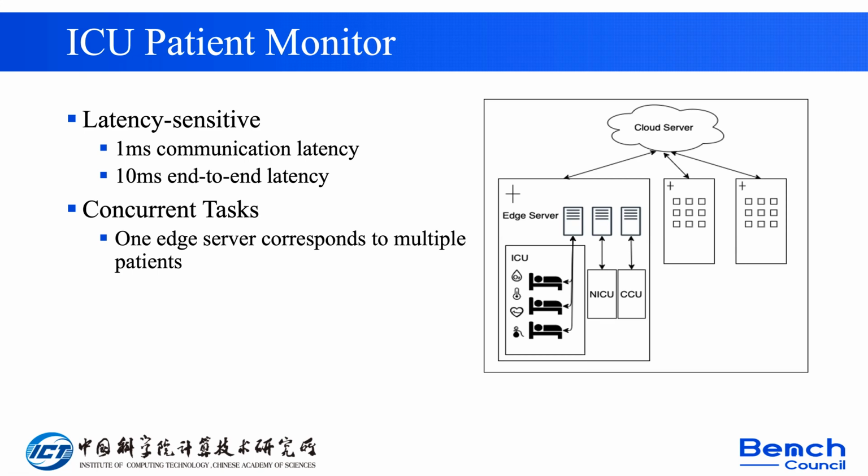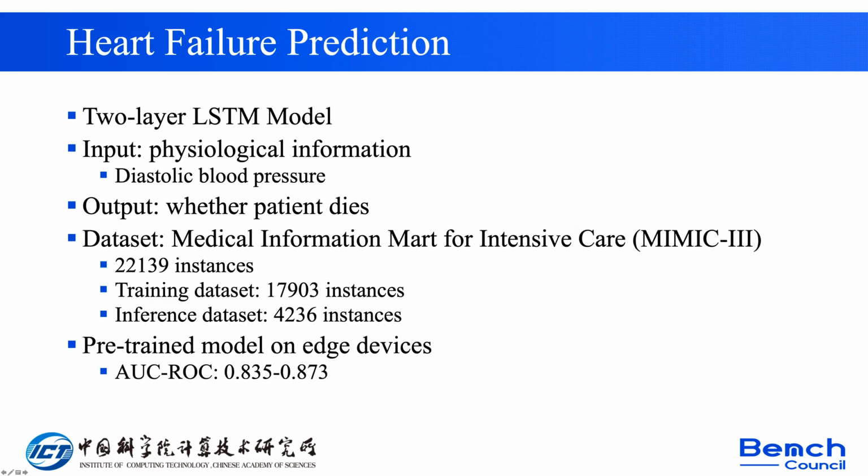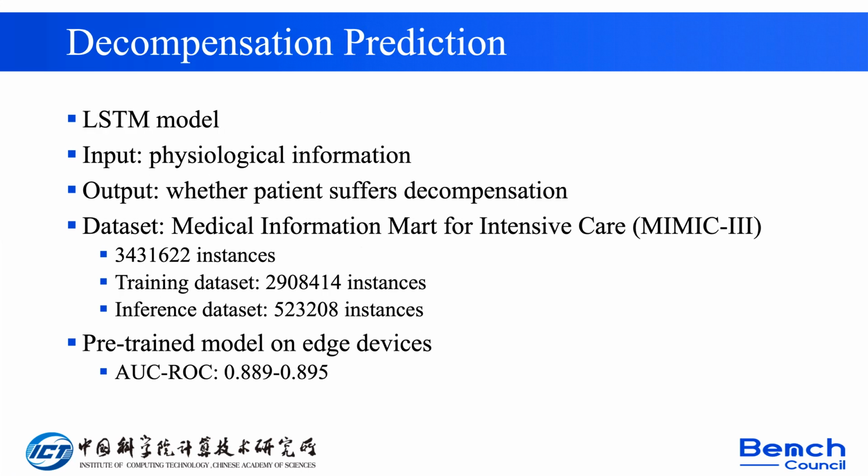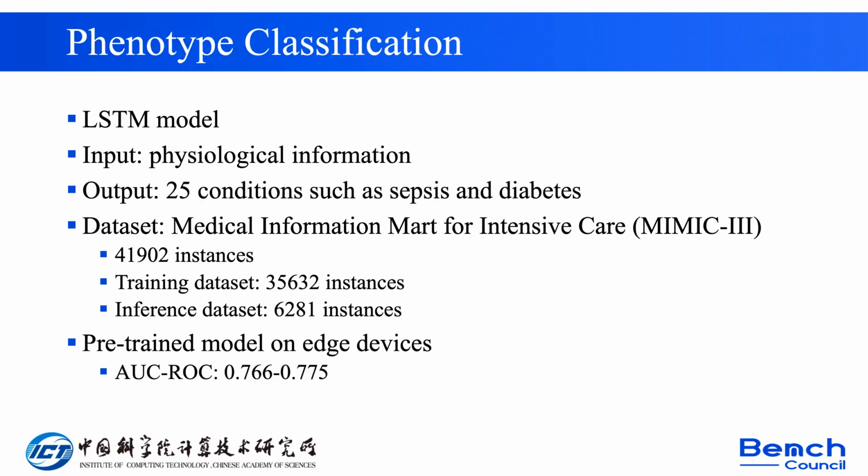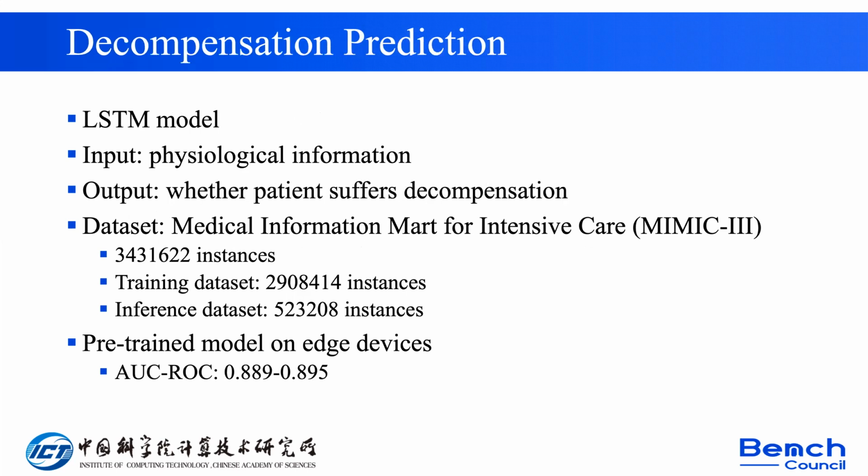That means the edge server needs to process multiple concurrent tasks at one time. In this scenario, we choose 3 tasks: heart failure prediction, decompensation prediction, and phenotype classification.